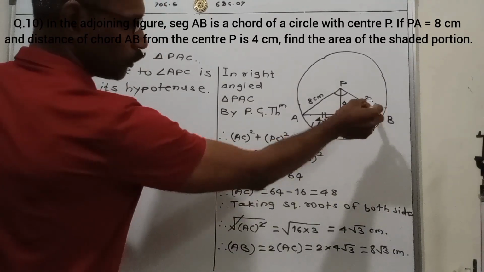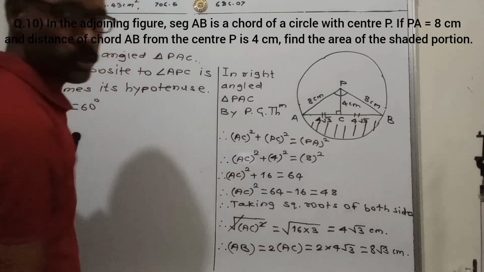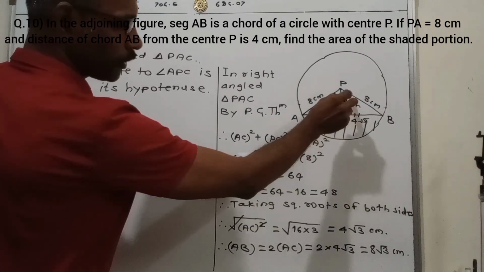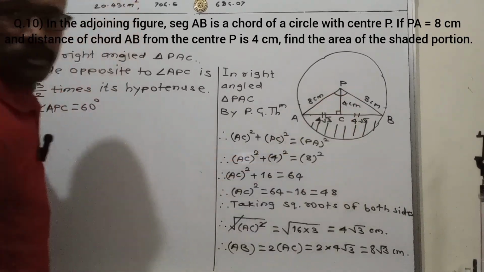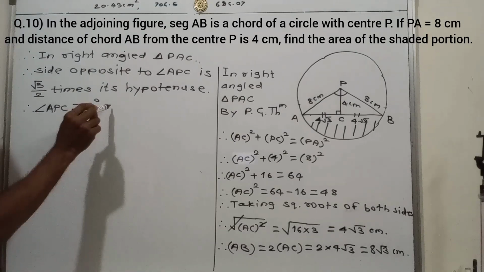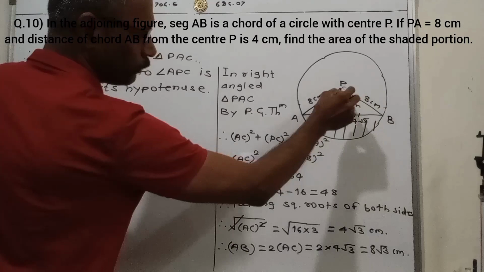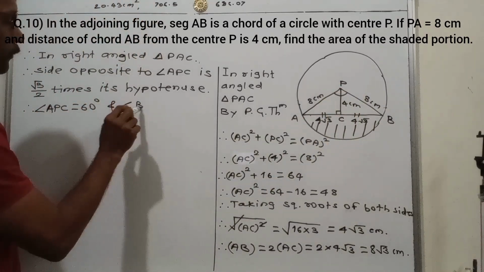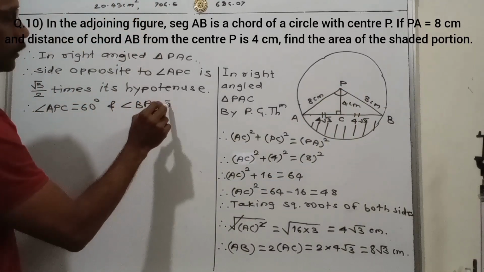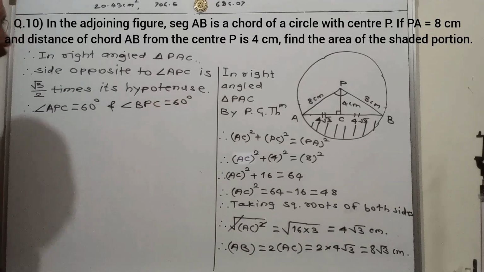Then here also 8, 4 and 4 square root of 3. So this angle also 60 degree. Therefore we write angle BPC is equal to 60 degree.